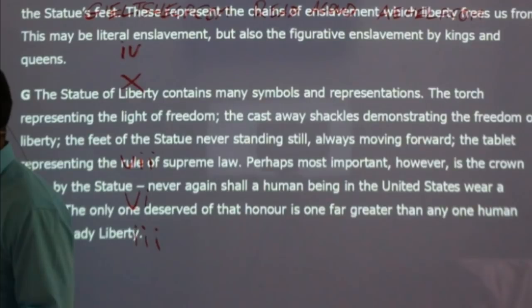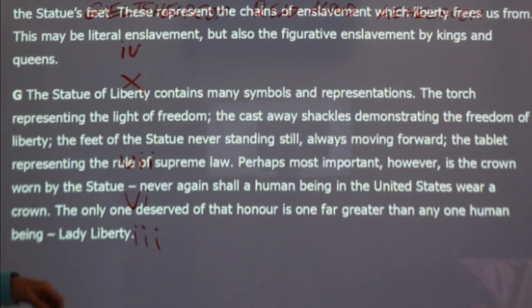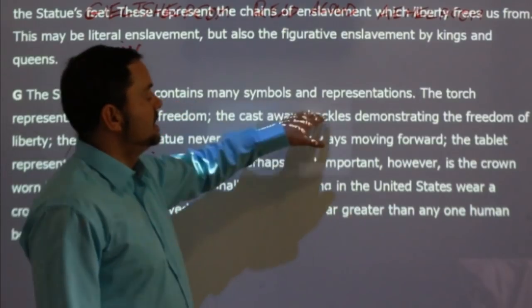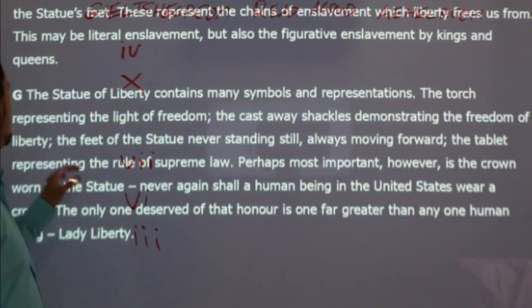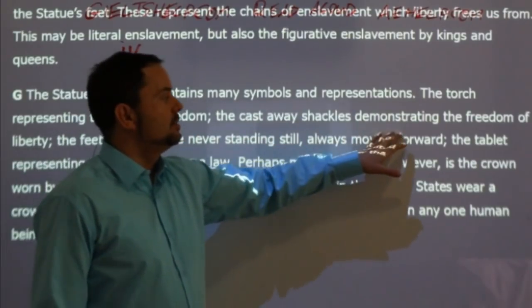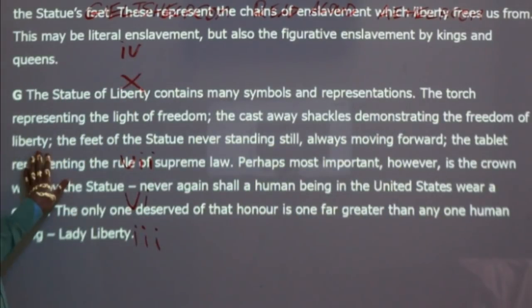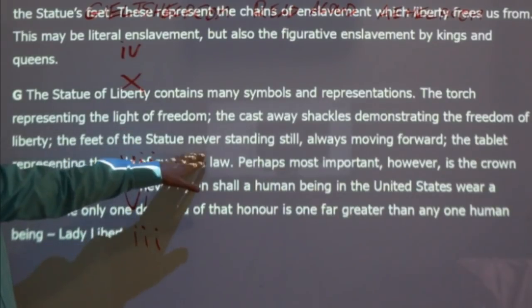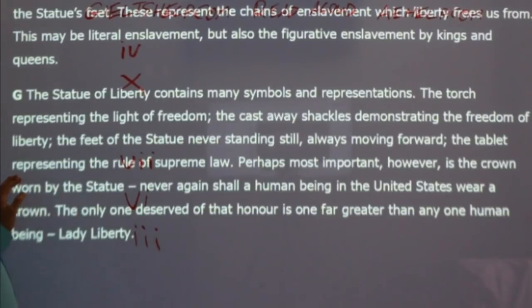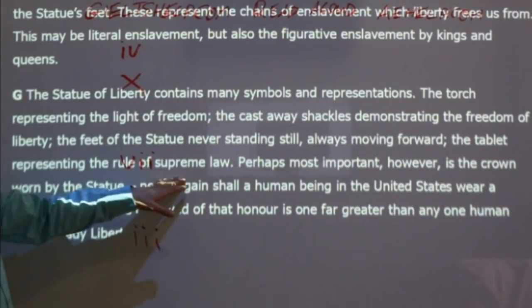Let's do it together. So, the Statue of Liberty contains many symbols and representations. The torch representing the light of freedom. The castaway shackles demonstrating the freedom of liberty. The feet of the statue never standing still, always moving forward. The tablet representing the rule of supreme law.